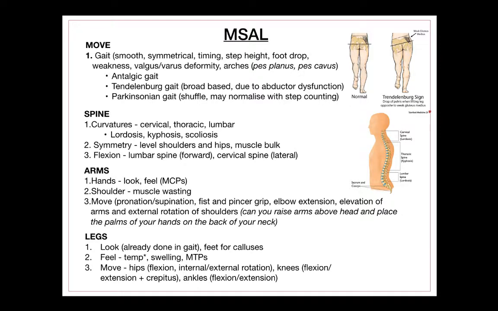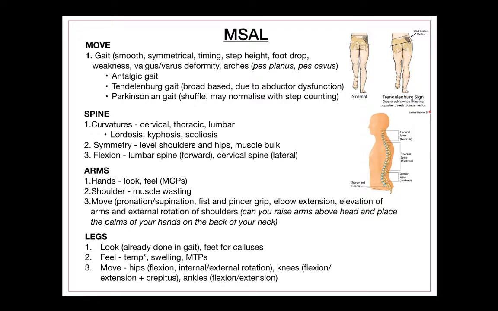Is the gait smooth? Is it symmetrical? The timing of the gait and of the phases of gait. Is the step height normal or is it accentuated? Do they have foot drop? Any notable weakness? Again, valgus, varus, and the arches. So pes planus is flat foot and pes cavus is high arched foot.